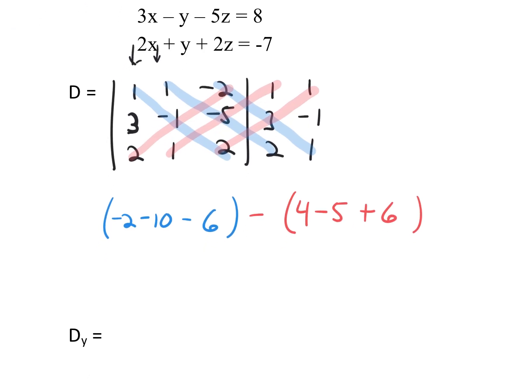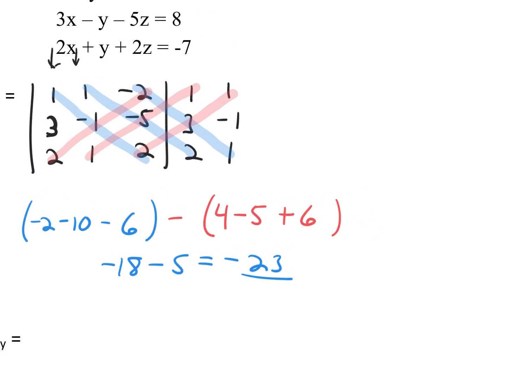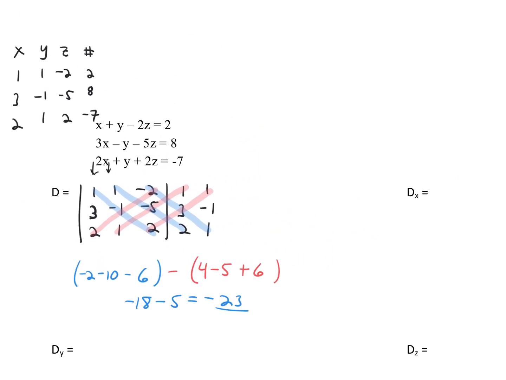So then we just simplify this, and we should get -18 minus 5. Okay, good. And then we get -23. So -23 is capital D. We repeat that process a few more times to get our final answer.